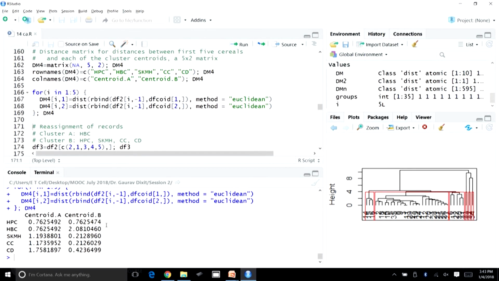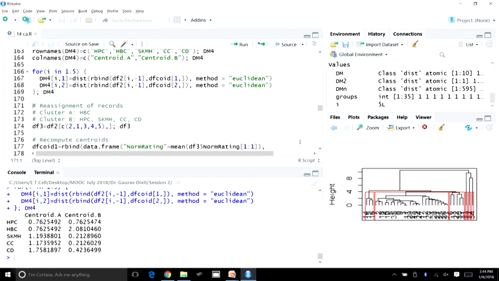So we can see HPC has to be reassigned, as per the k-means clustering algorithm, to cluster B. The same thing we have noted here in the comment section.